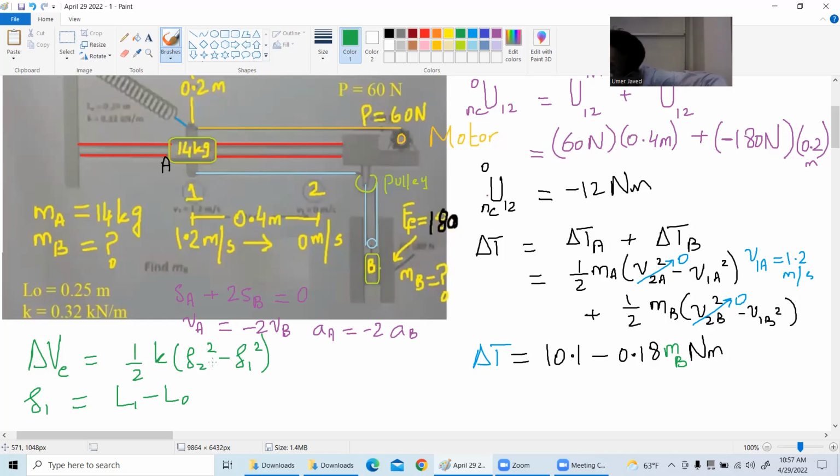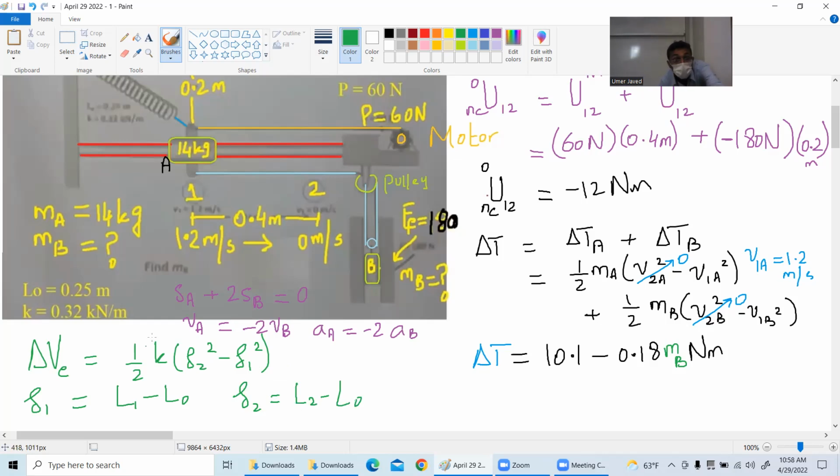That's pretty much the same thing I have written, just in a different form, because the spring itself has an unstretched length, and initially I have already stretched it, right? So that I'm calling delta 1. You can call it x1, as long as you understand what you are doing. And delta 2 equal to L2 minus L naught.